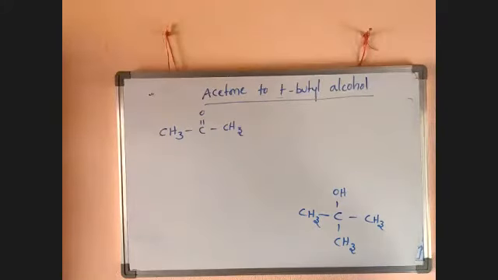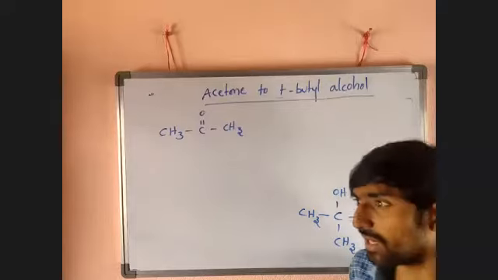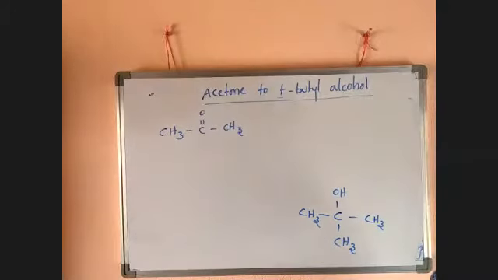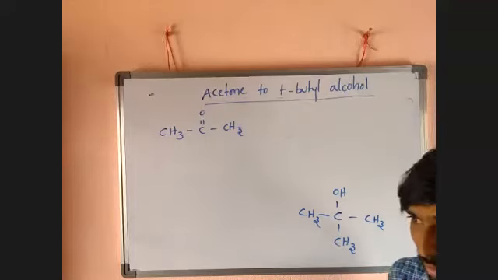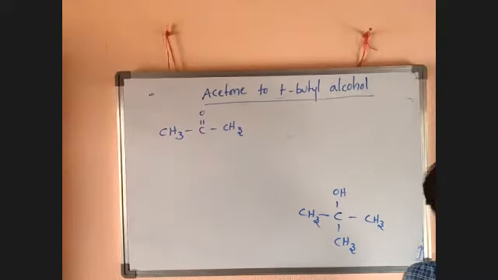Most importantly, what we add in organic chemistry for increasing carbon: one is KCN, another one is Grignard reagent.